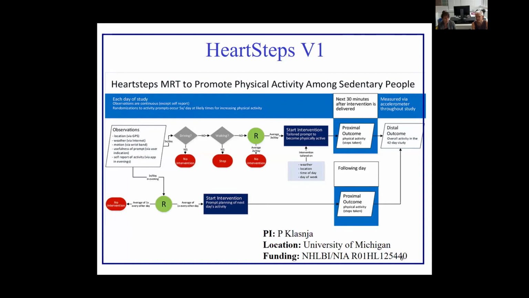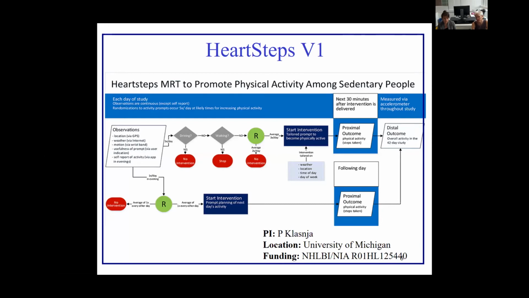Usually the team gets together and we think, well, on average, around how many times do you think it would be appropriate per day or per week for the mobile device to interrupt the person in their life and suggest some sort of intervention to help that person?